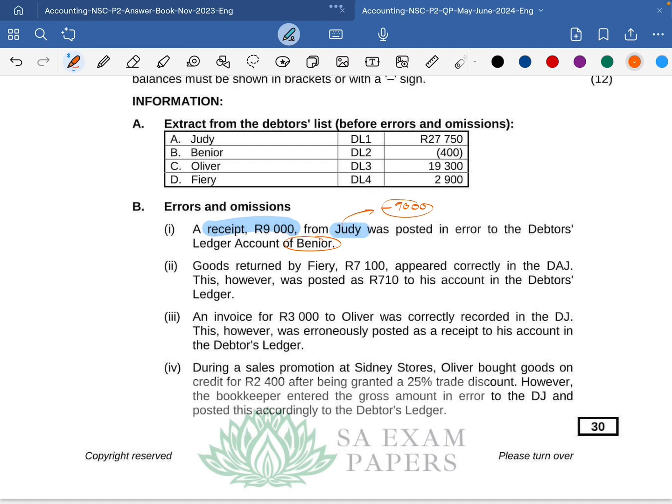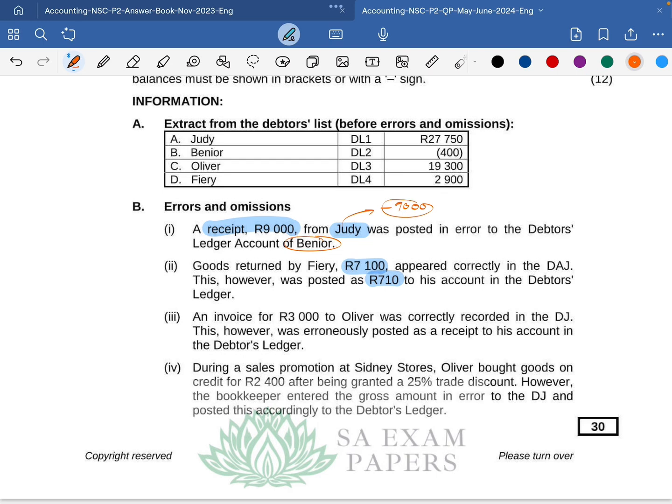Okay, and then now we are going to look at the second one. The second one says goods returned by Fury 7,100 appeared correctly in the DAJ, which is the Debtors Allowances Journal. This, however, was posted as 710 to his account in the debtors ledger. So we have made an error in the amount. So we need to account for the difference between the two.